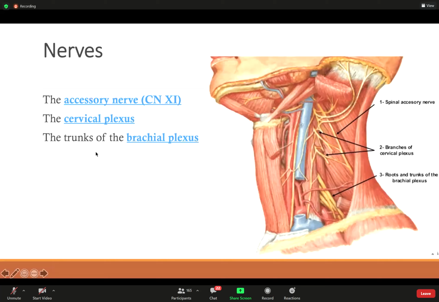Okay, so let me give you an example. This is the kind of question that you can expect in the exam, and also the kind of question that you see in SMLE. They will tell you that somebody has a stab wound, or somebody got injured, or has a knife stabbed in their neck, in the posterior triangle of the neck.